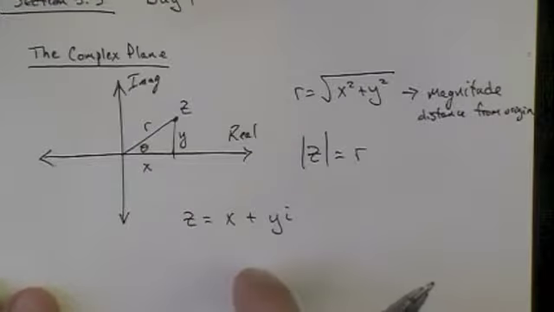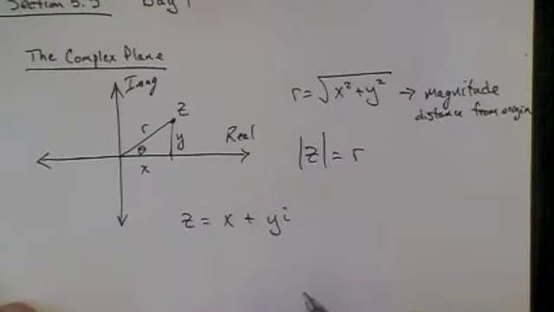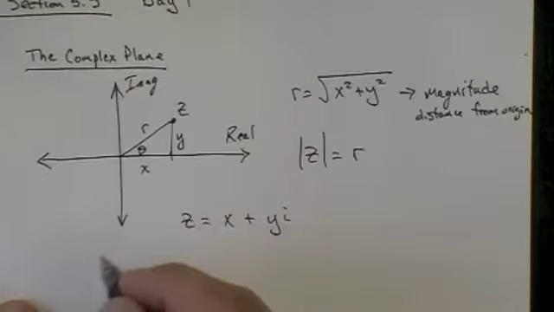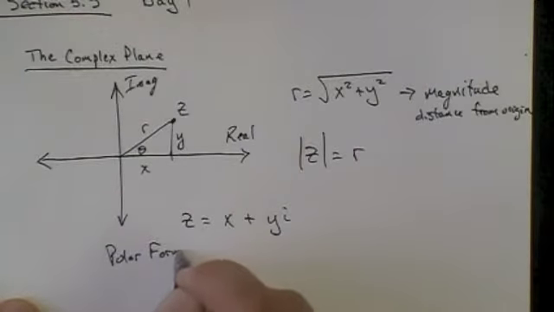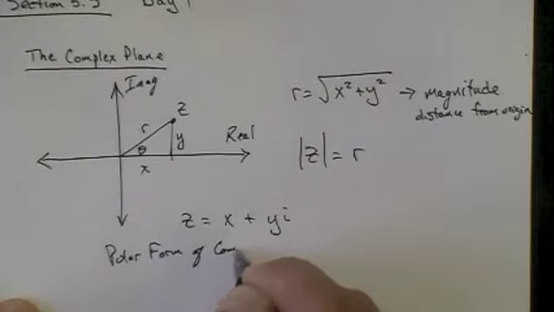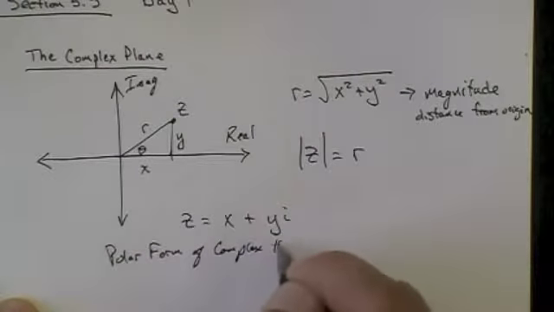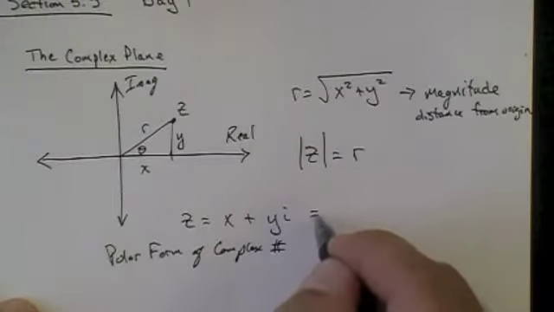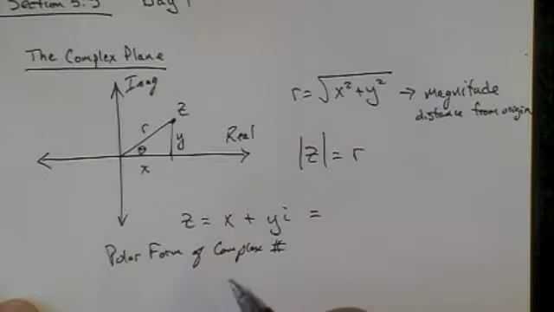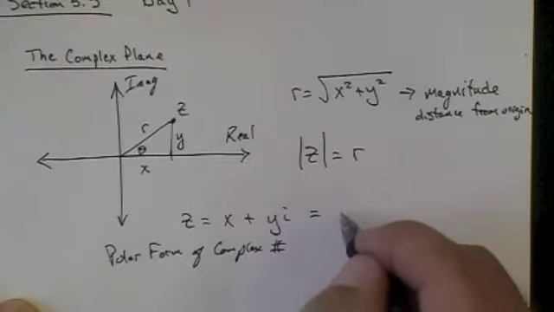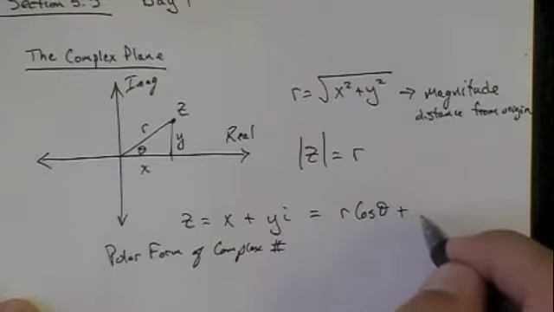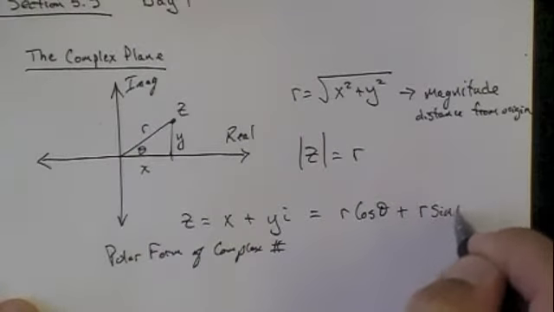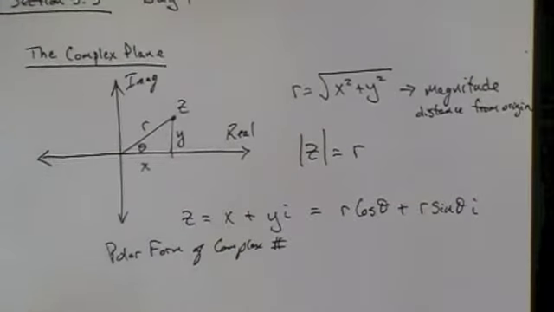Now as far as that complex number, if we're going to write that in polar form, then we would take this. Now we know x is equal to r times the cosine of theta, and y is r times the sine of theta, and then we have our i value there.